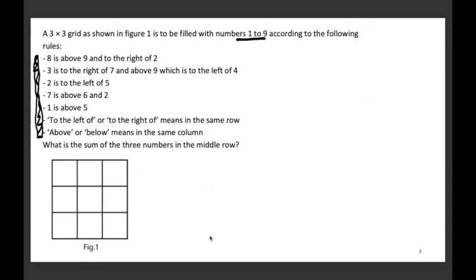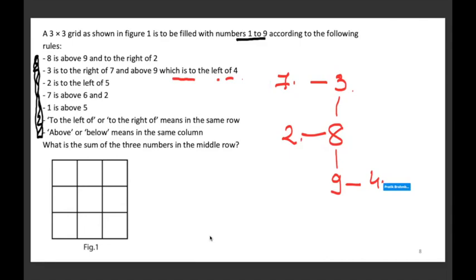8 is above 9, and to the right of 2. 3 is to the right of 7 and above 9. 3 is above 9, so 3 can come here, and 3 is also to the right of 7, and 9 is to the left of 4. 2 is to the left of 5.